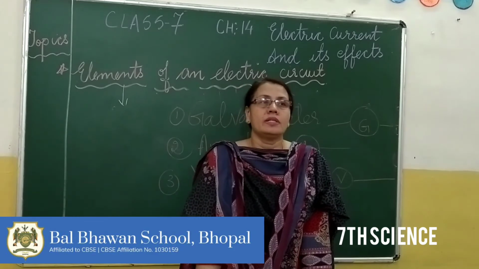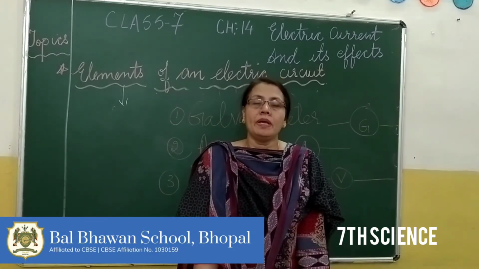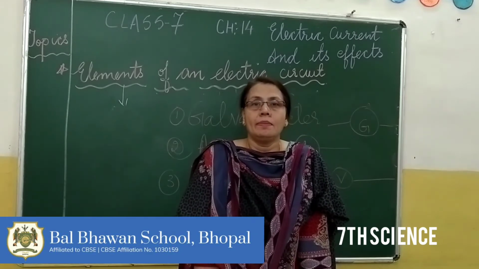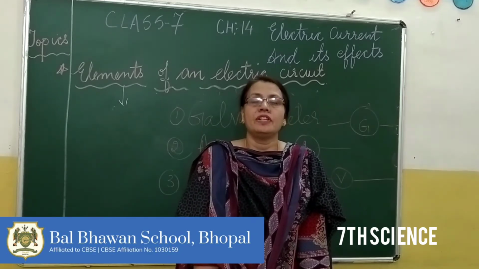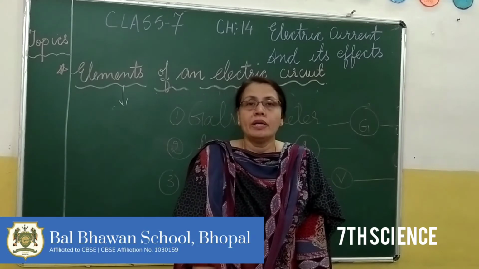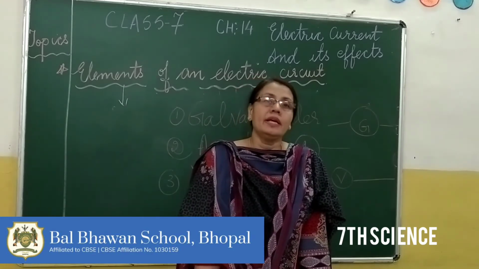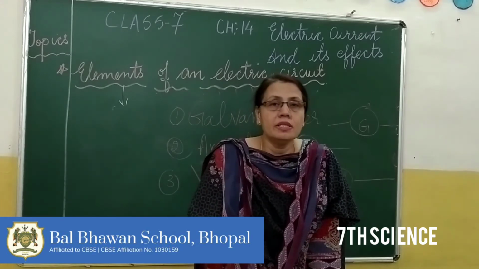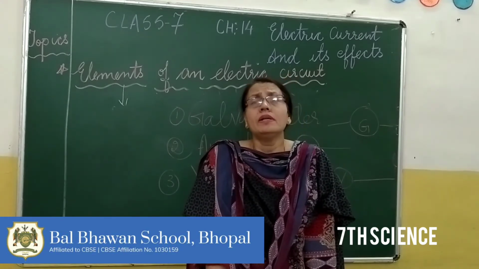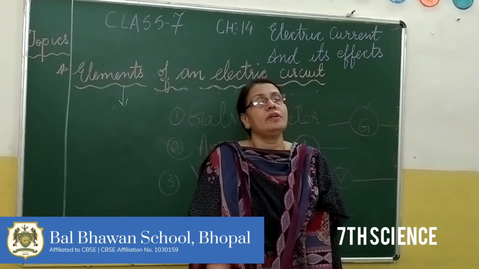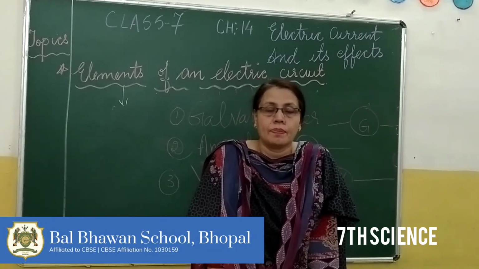So children, now let us have a quick recap of the topics which we have discussed today. We started with elements of electric circuit. The first one was connecting wires. Then we discussed resistance, and in that we discussed fixed resistance and variable resistance. In that we discussed rheostat and then resistance box.